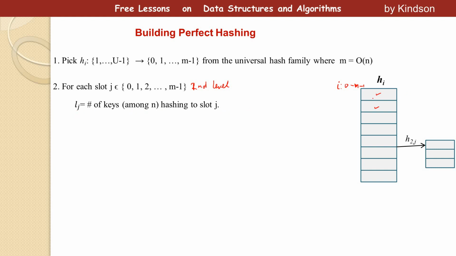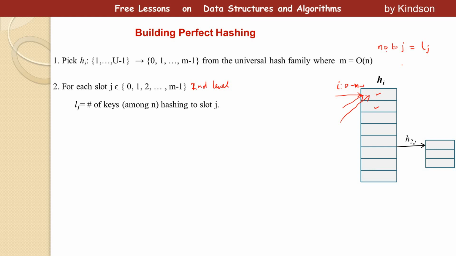Good. So let's say the number of keys hashing to this place, the number of keys hashing to j, is given by Lj, right? Good.